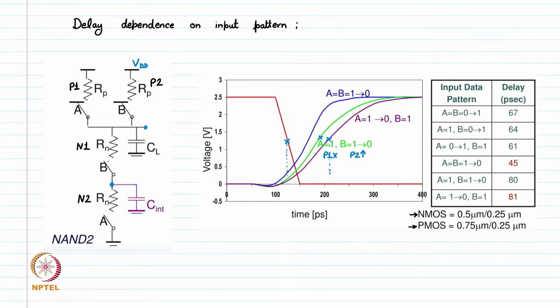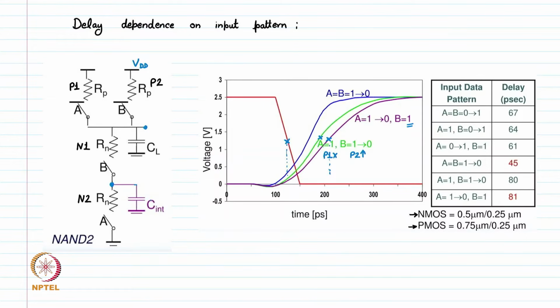Because when B is high, B is 1, this node is already charged to VDD if B is always 1 from the previous state. So this C int is also VDD if B is 1.